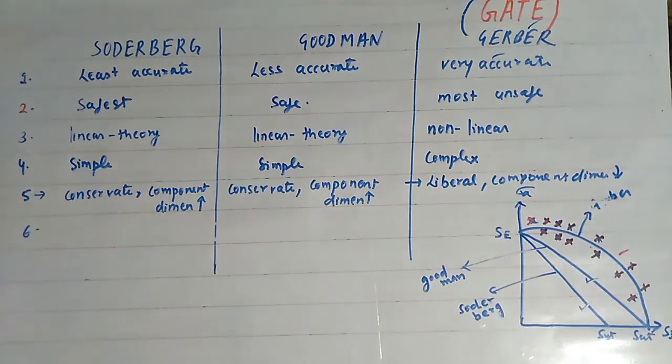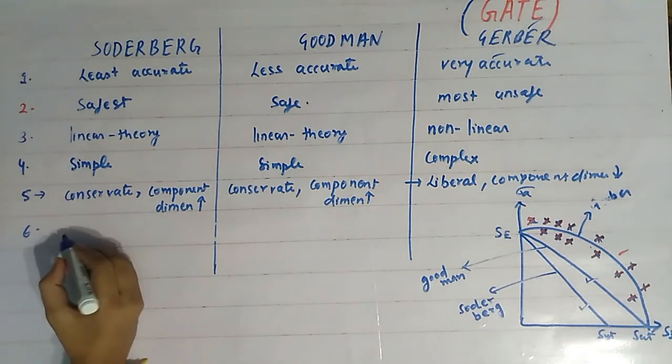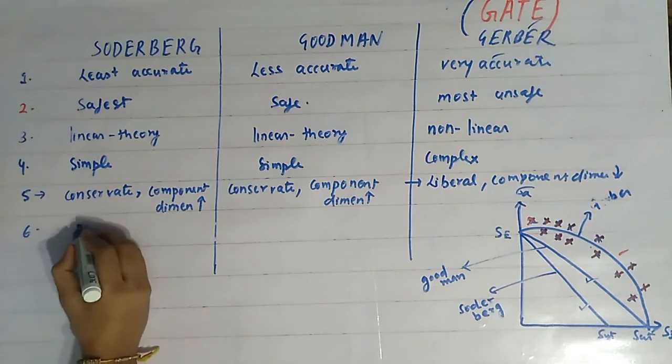Now let us see another point, that the Soderbergh criteria considers failure due to yielding also.